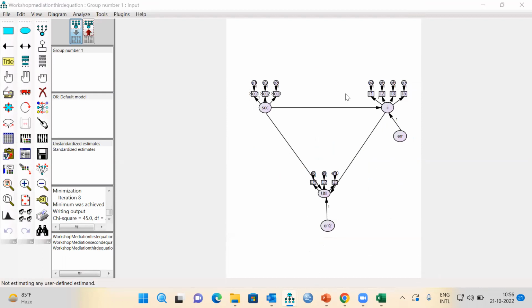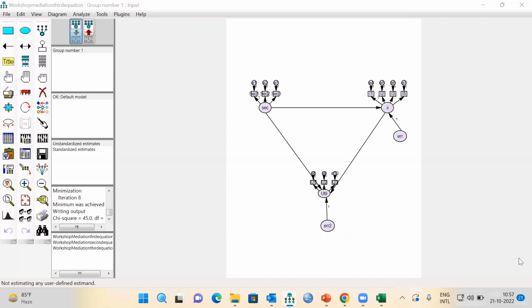Professor, one doubt is, when we are running separately, like here in this particular model which we are sharing now, it is a mediation model. Suppose we are running separately, only dependent and independent, then that should be significant, right?